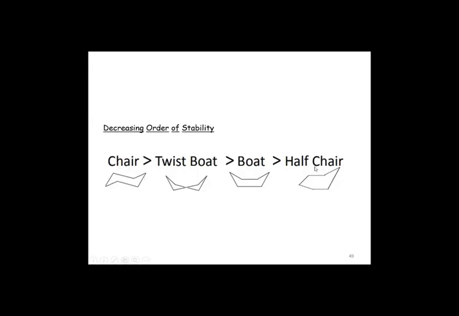Twist boat has more stability as compared to boat and half chair conformation, however it is less stable than chair conformation. Likewise, boat conformation has higher stability as compared to half chair conformation, however its stability is lesser than these two conformations. So we can say chair conformation is most stable, whereas half chair conformation of cyclohexane is least stable.